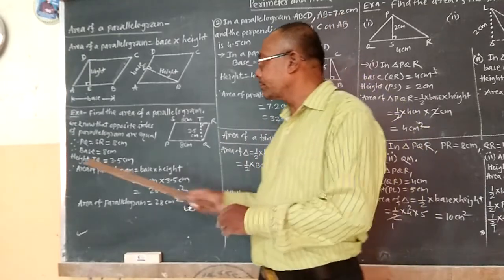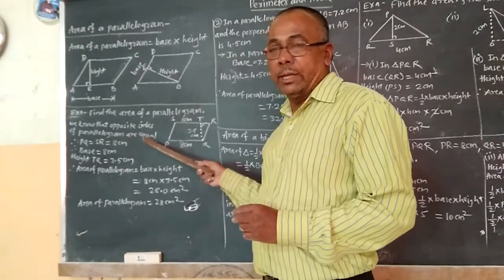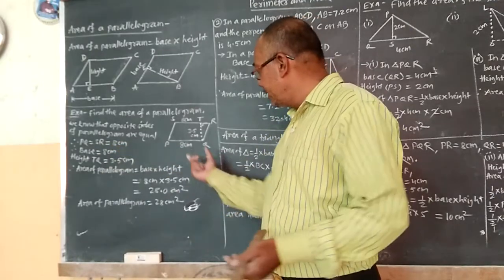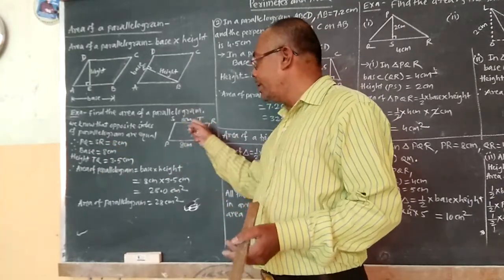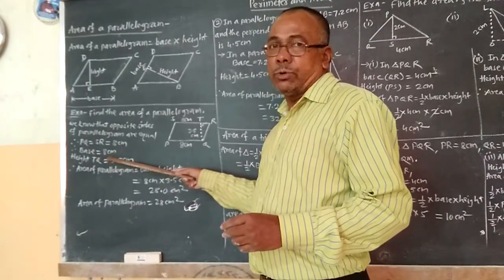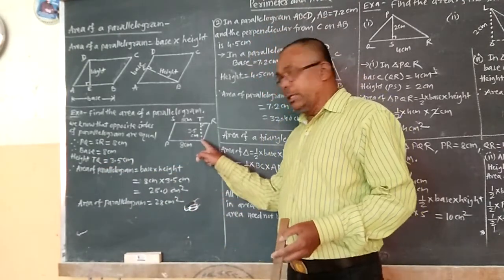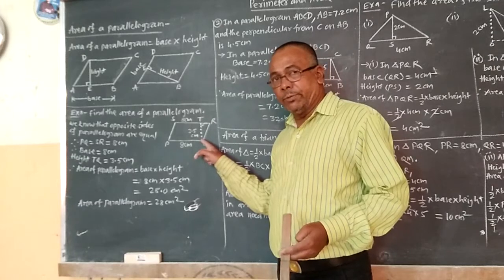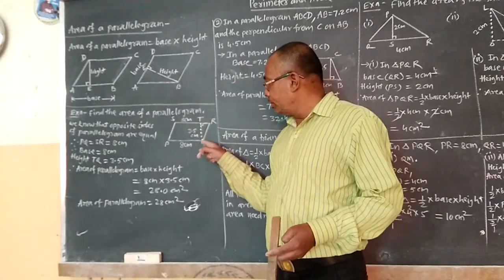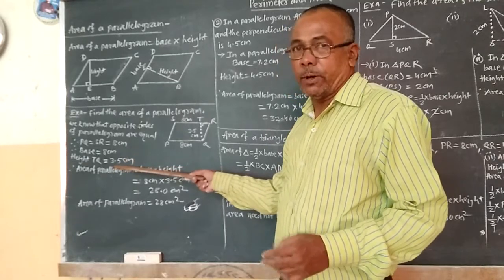We know that the opposite sides of a parallelogram are equal, and therefore PQ is equal to SR, which is 8 cm. So base is equal to 8 cm. We got the base here. Now, the line segment drawn from the vertex Q intersects the opposite side SR at 90 degrees, so QT is the height, that is 3.5 cm.